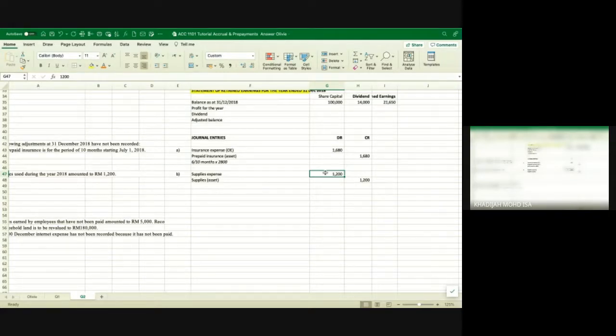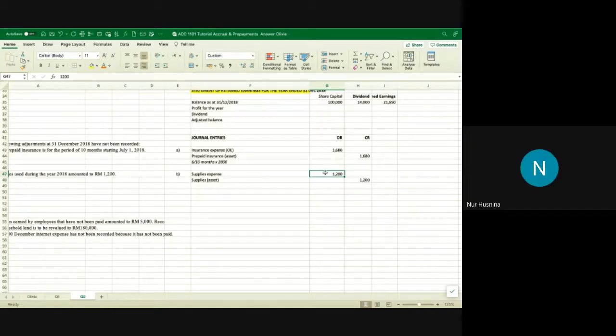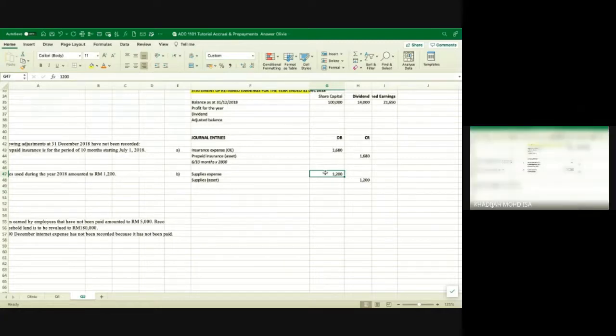So when your OE reduces, debit or credit? Debit. That's why you debit every expense account. Whenever you see expense, you know automatically it has to be a debit account. You don't have an expense with a credit transaction. No, it's wrong. You know already it's wrong. And then supplies asset. Why do you credit your supplies asset?